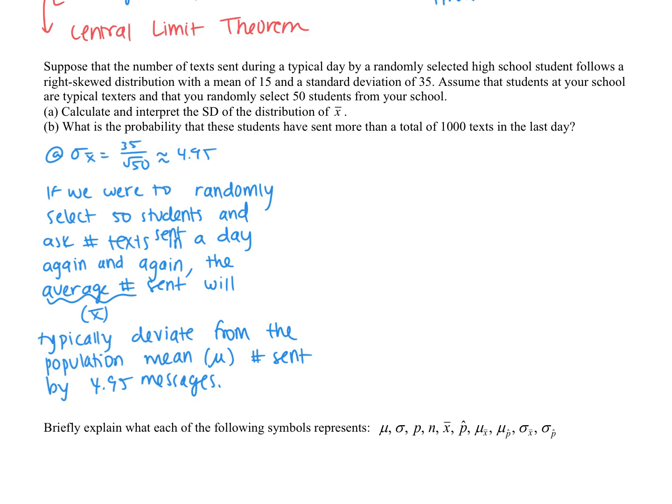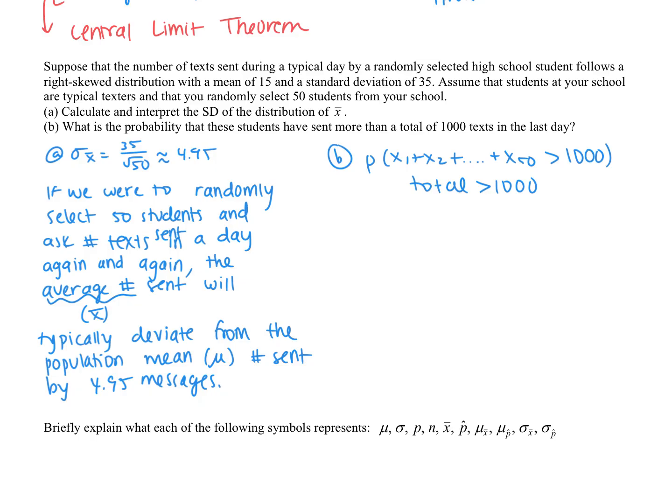Okay, part B. What is the probability that these students have sent more than a total of 1,000 texts? So we are looking for the probability that the first student, add the second student, add all the way up to the 50th student together have sent a total of more than 1,000. Now, we've done that before. You all have seen that before.